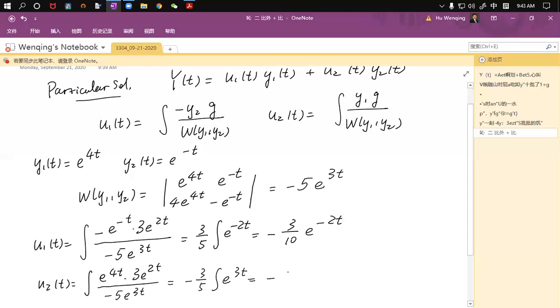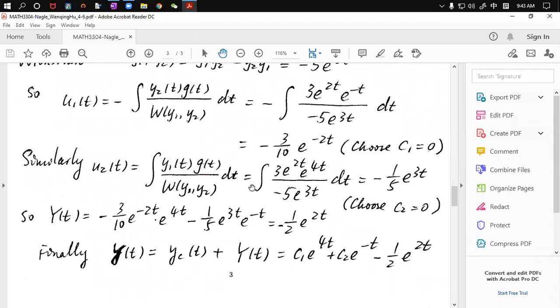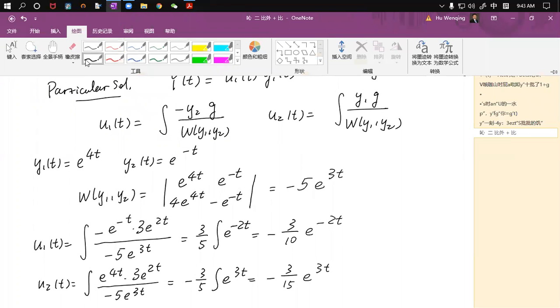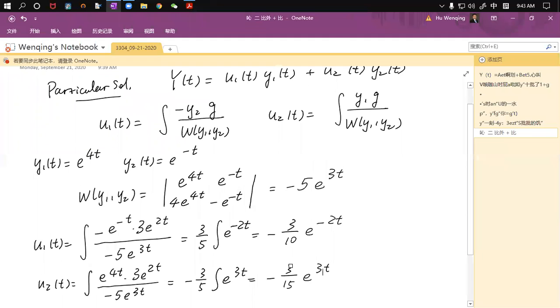So that's going to be minus 3 over 15 e power 3t. Sorry, this 3 over 15 is already 1 over 5, so the calculation can be simplified a little bit: it's 1 over 5.